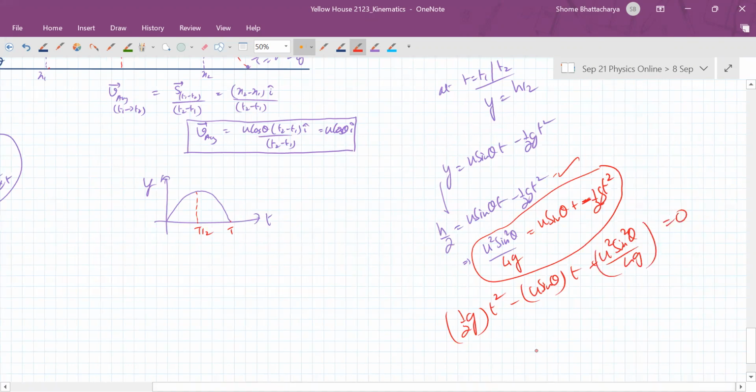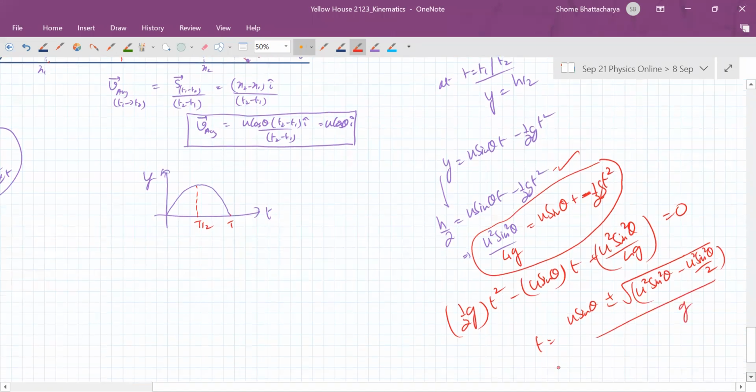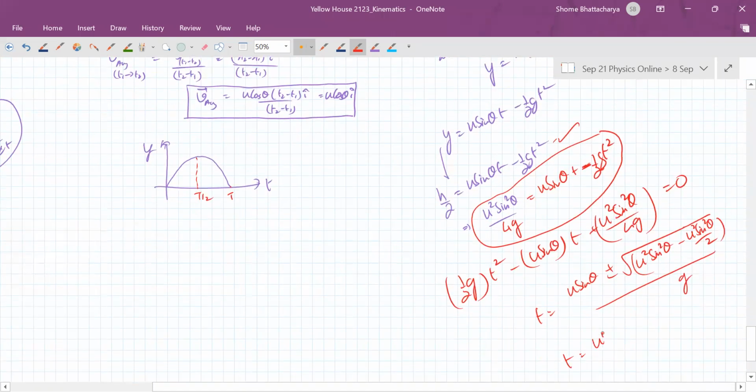So the roots are b plus minus root of b square minus 4ac, divided by 2a. So you will get t as u sine theta by g. If you take common, you will get 1 plus minus 1 by root 2.